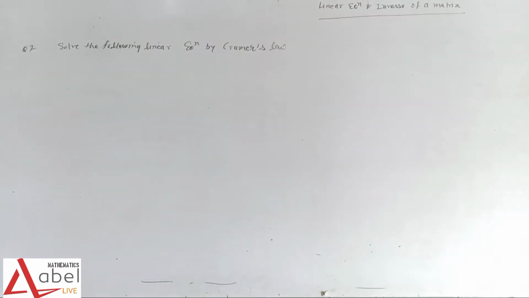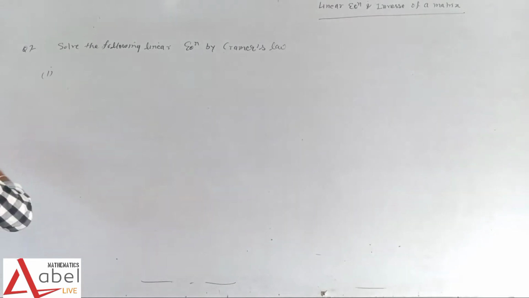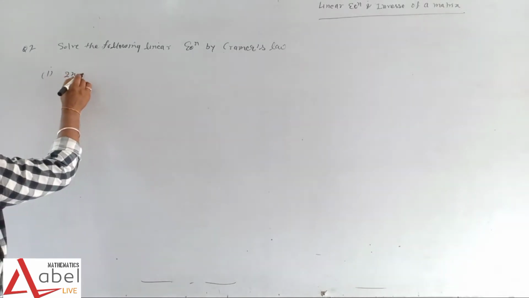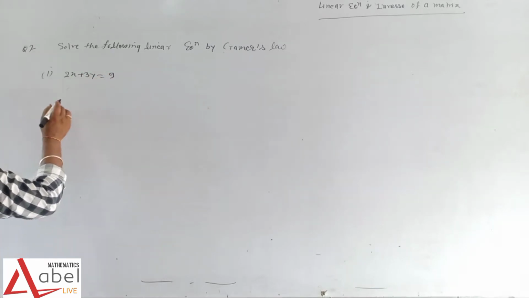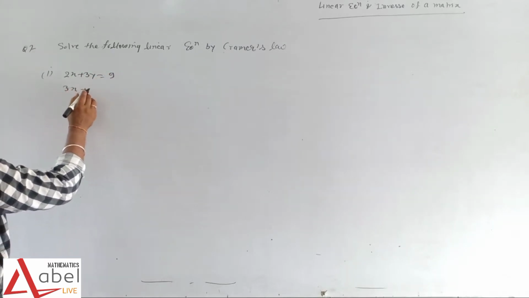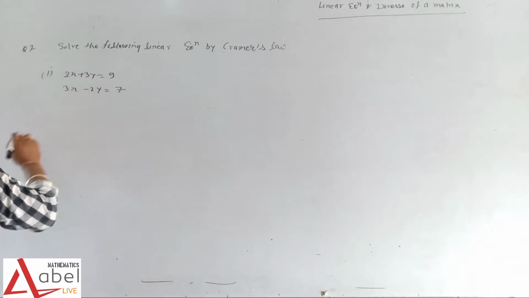The first question is 2x plus 3y equal 9, and the next one is 3x minus 2y equal 7.